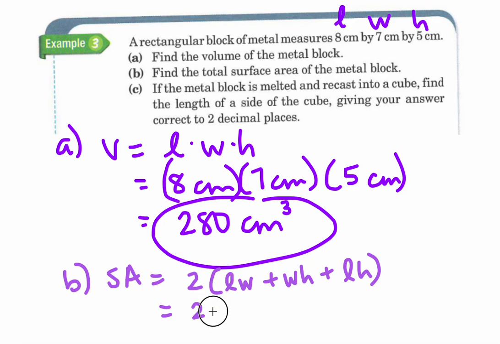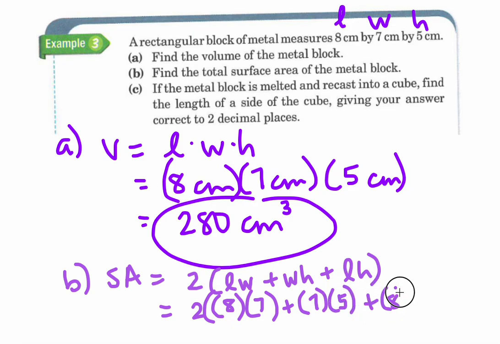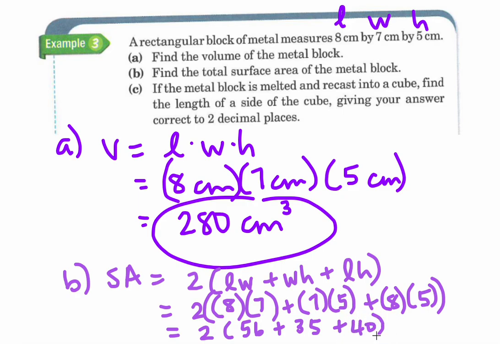Okay, so 2 times 8 times 7 plus 7 times 5 plus 8 times 5. Okay, so each of those has to be paired up. I'm going to multiply these together first. 8 times 7 is 56 plus 35 plus 40.